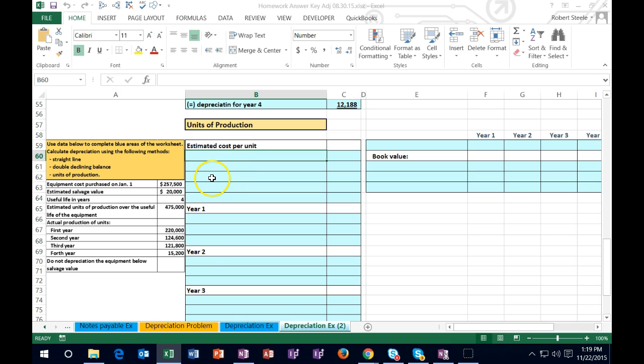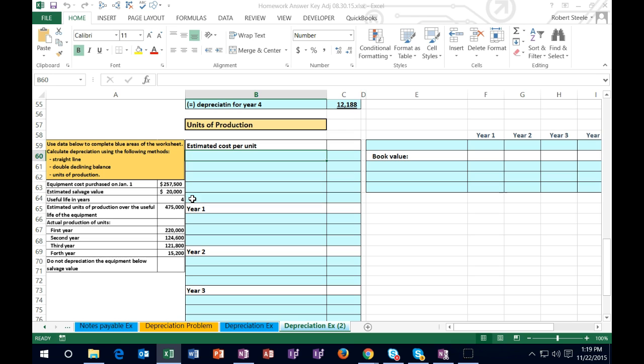We have the same starting data being equipment cost here, being the 257, estimated salvage value 20,000. What is salvage value? That's what we believe the equipment will be worth at the end of the useful life. What is the useful life? In this case, 4 years. Useful life being how long we believe this equipment will be in service for us.